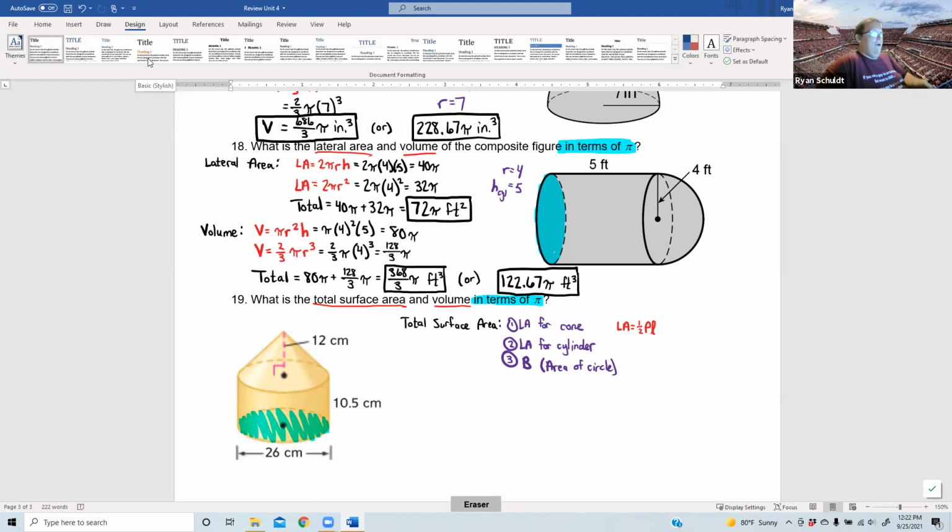What am I talking about? 1/2. No. I just did a pyramid. Good grief. For a cone, our lateral area formula is, let me look at my sheet, pi RL.